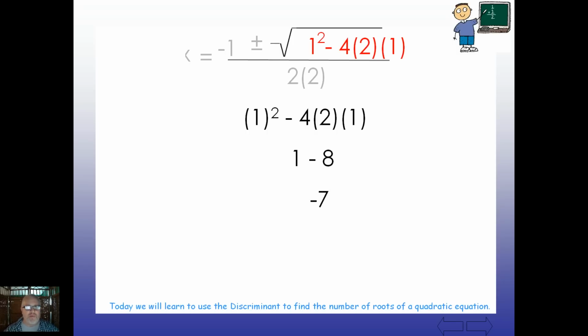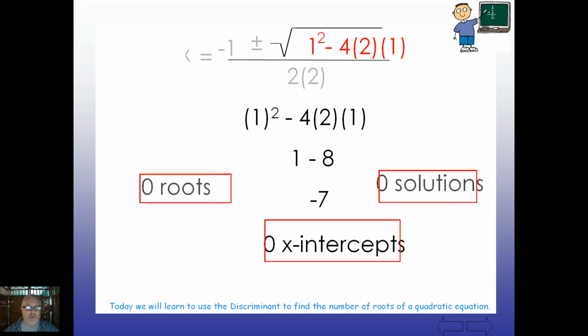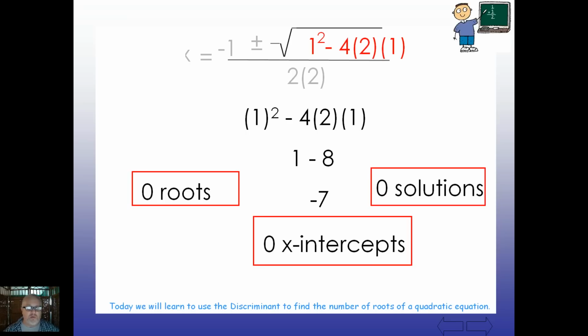What does it mean when we have a negative discriminant? Well, that means that we have 0 x-intercepts, 0 solutions, 0 roots, or you could say there are no zeros, or no x-intercepts, no roots, no solutions, and so on.